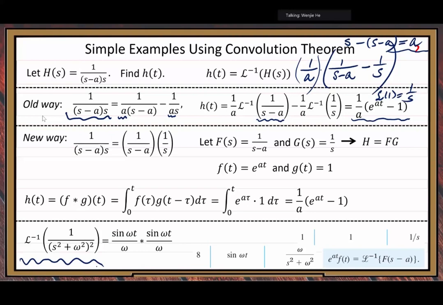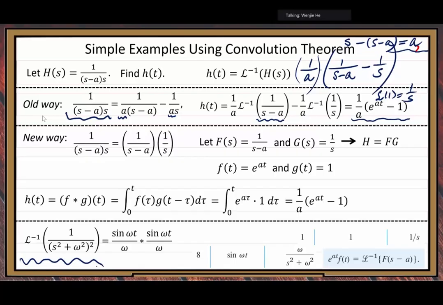If we do not apply the convolution theorem, how do we calculate it? Is it easy to calculate?